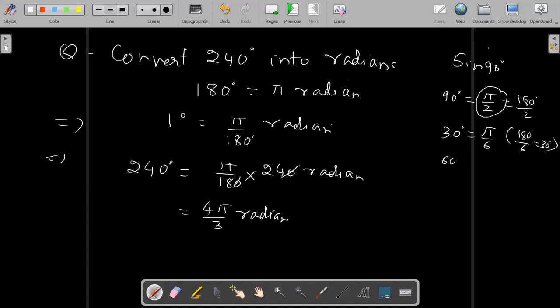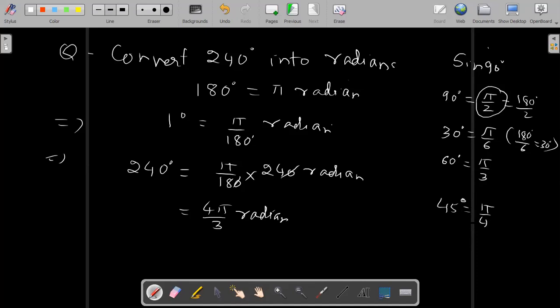These are some standard values. And 45 degrees is equal to pi by 4, because 180 divided by 4 gives you 45 degrees.